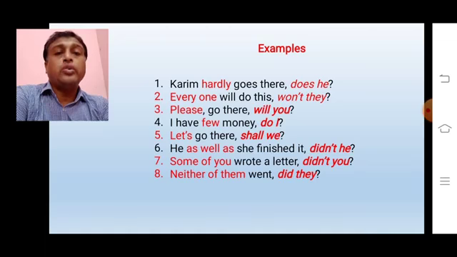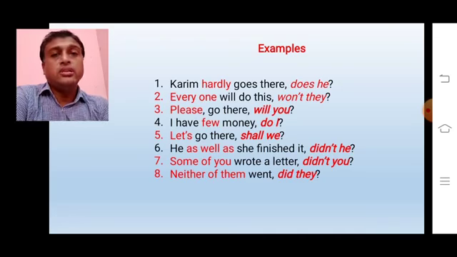So, at first we have to write the auxiliary verb. Here, goes is the principal verb. So, we will write does as the auxiliary verb of this statement. This is a negative statement because hardly is present here. We know hardly is a negative word. So the answer of this statement is does he.